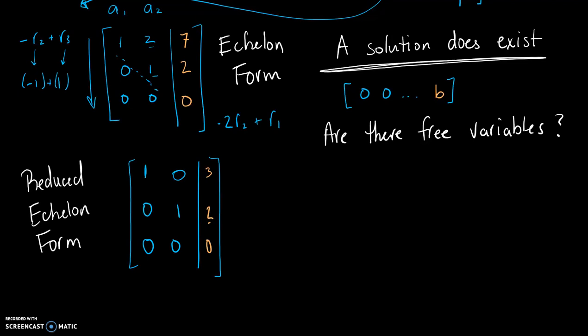Alright, and so now that we're in reduced echelon form, we can see that each one of these equations has only one coefficient in it. So this really equates to this right here.